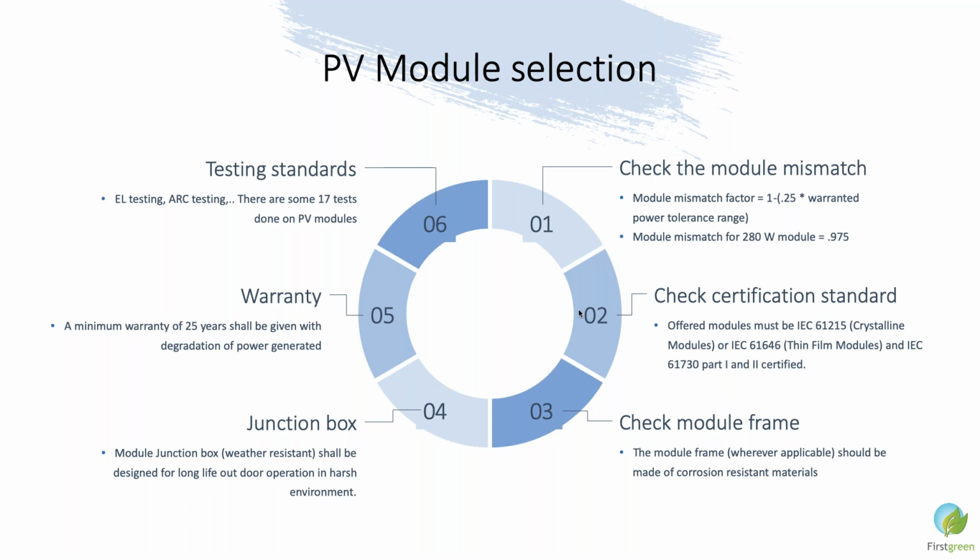Apart from that, you should also check the typical frame conditions, how much the frame thickness is, and whether the frame is anodized aluminum so that it can sustain rough weather conditions. All these things you should check with your module supplier.